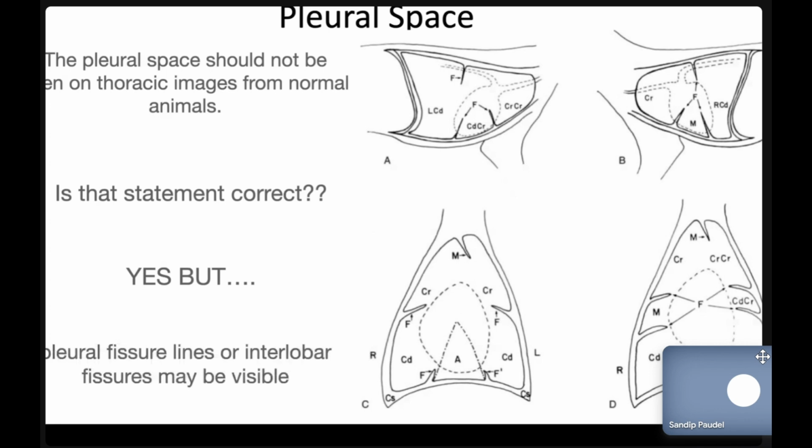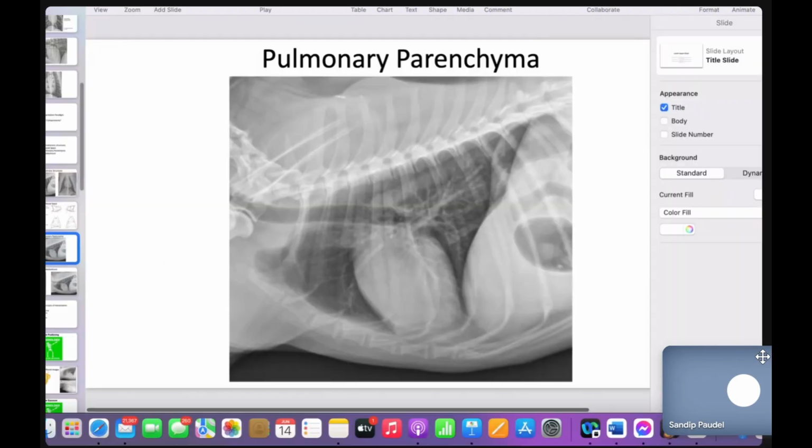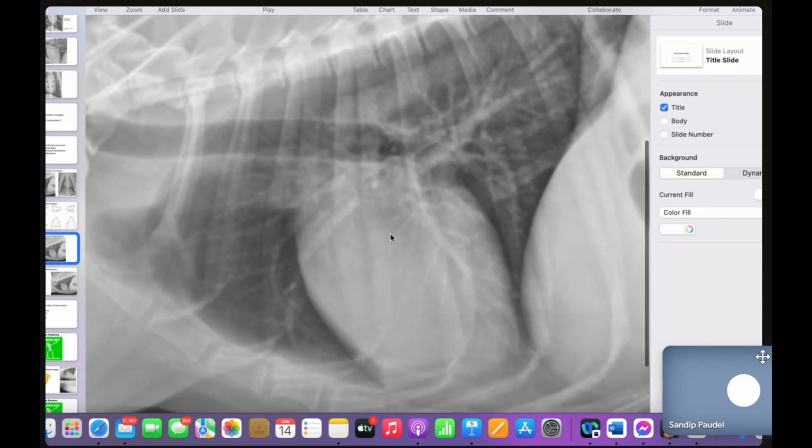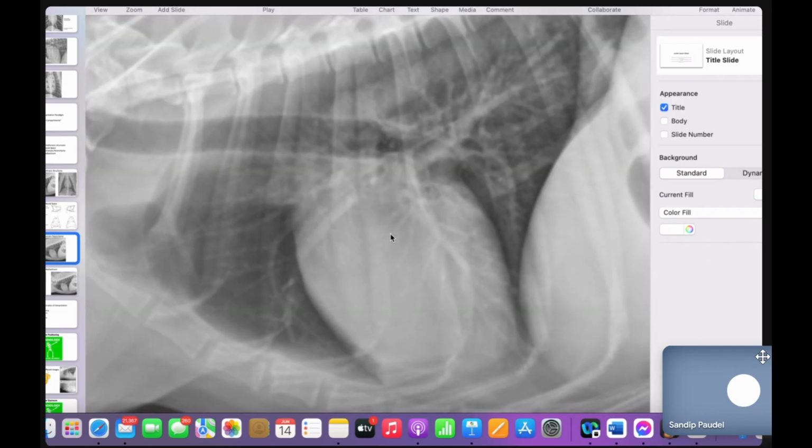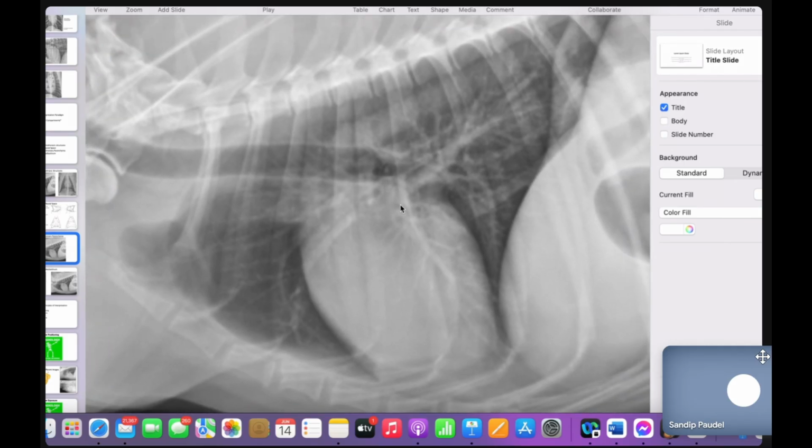If you need to understand the pulmonary parenchyma, I request everyone to see the image again and again, in really good detail. Even here, we can see the vessel supply. You can see this is the vessel. We can see the branching here. We can see the branch here. Even here, this is one supply, this is another supply.